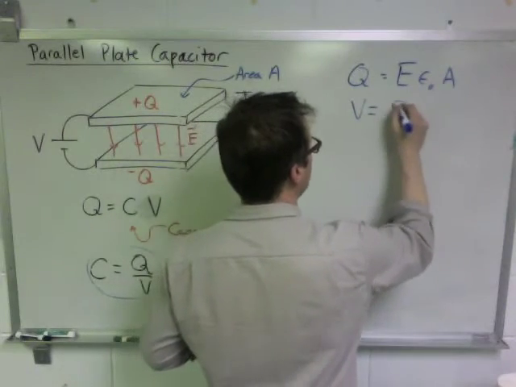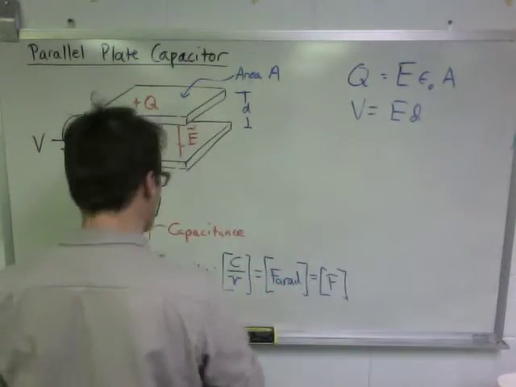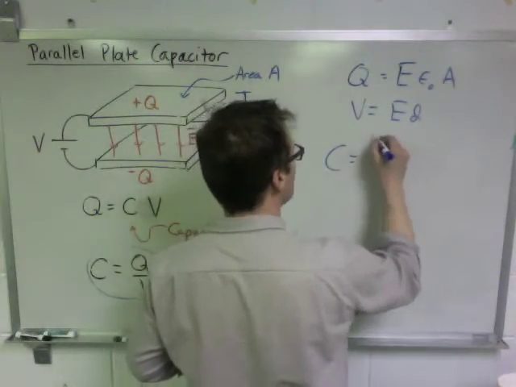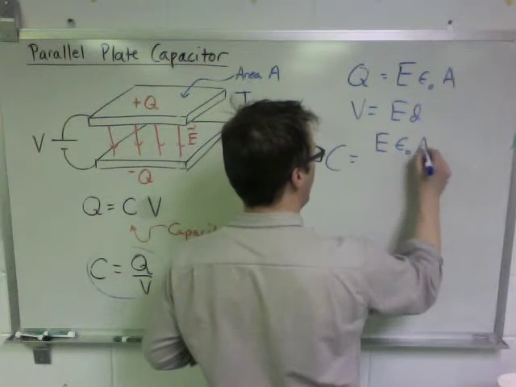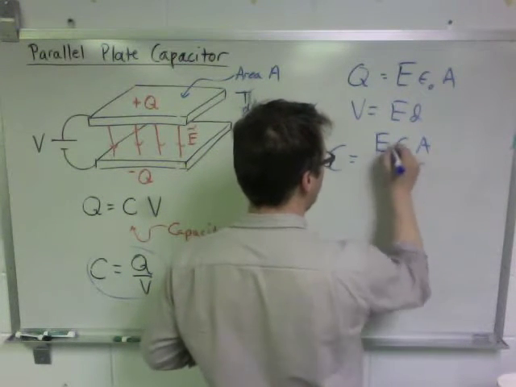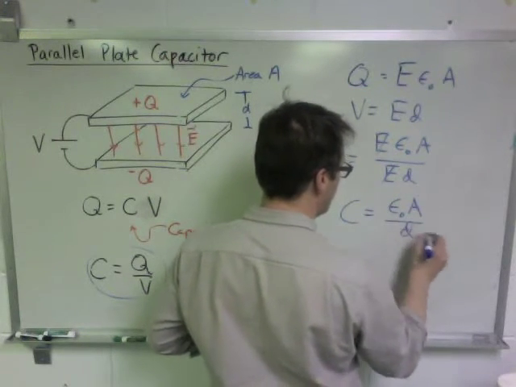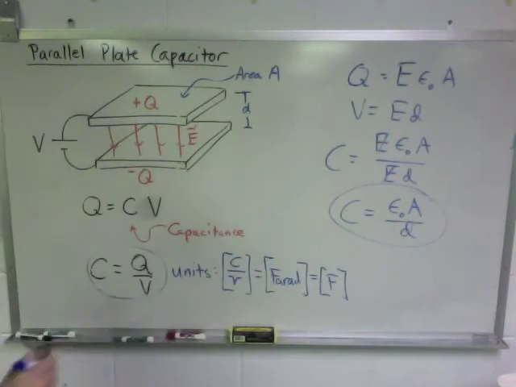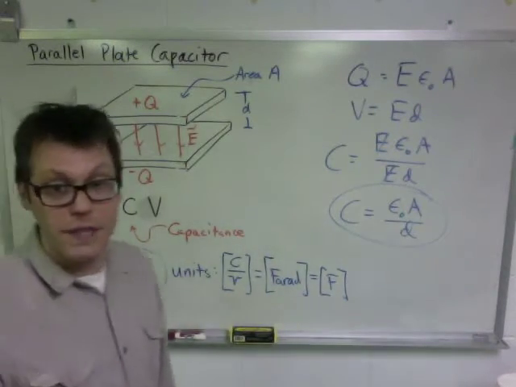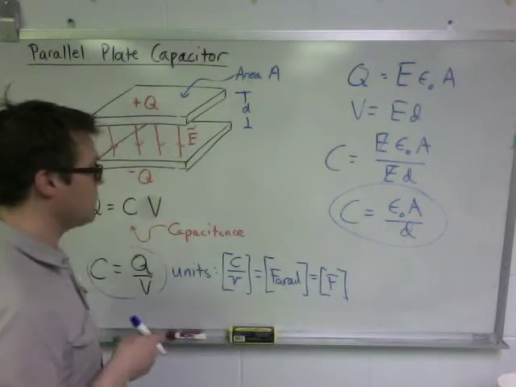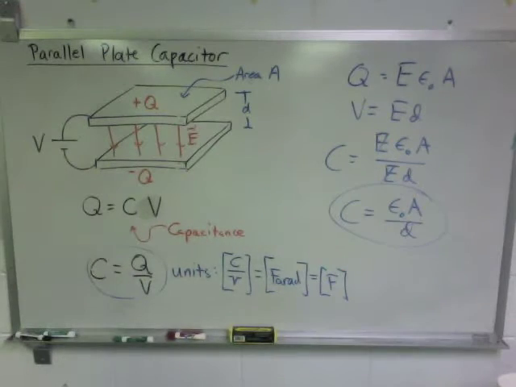And then I had V equals E d. So actually, if I plug this stuff in over here, I've got C equals E epsilon 0 A divided by E times d. The E's cancel, and I've got C in terms of the physical dimensions of the capacitor. So all these things I'm circling here will be potentially useful when we're talking about parallel plate capacitors. They're all related.